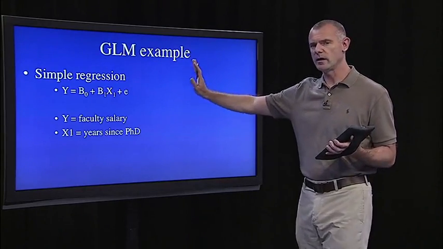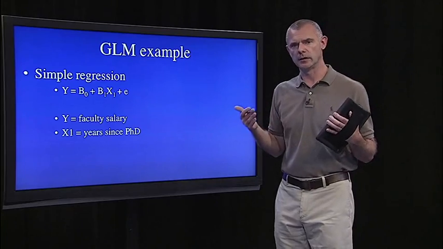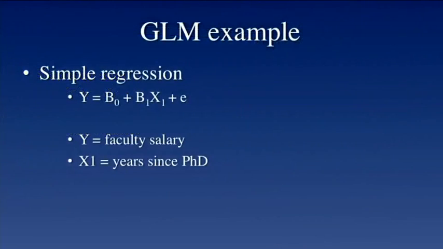So where we started out with simple regression, that's a simple example of a general linear model. It's linear and it's additive. So remember, we were testing the assumption that the relationship between x and y is linear. We tested that assumption by plotting a scatter plot and looking to see if there's a linear function, checking for homoscedasticity. The additive part has been there all along.